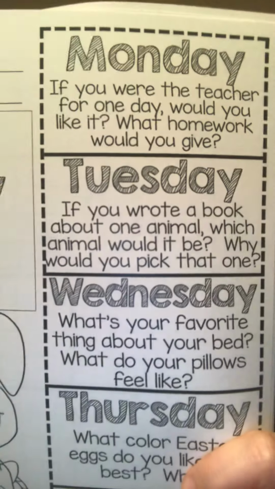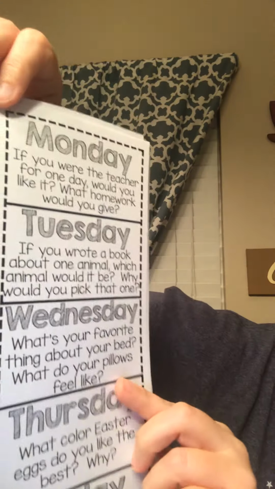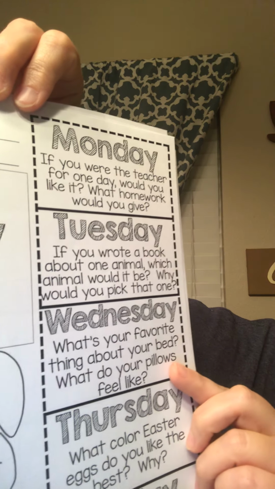Okay, and now we are right up to this. So Tuesday, it says, if you wrote a book about one animal, which animal would it be and why would you pick that one? So you could go ahead and go to the back of your paper and write what animal you would pick.